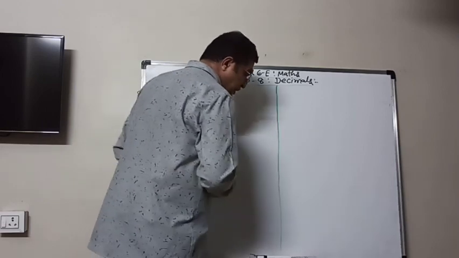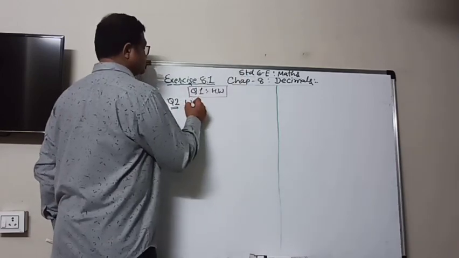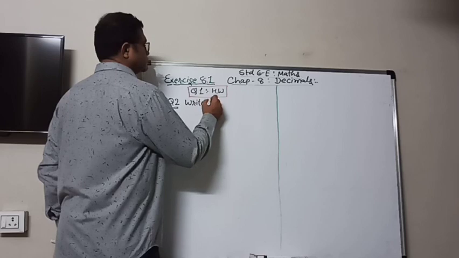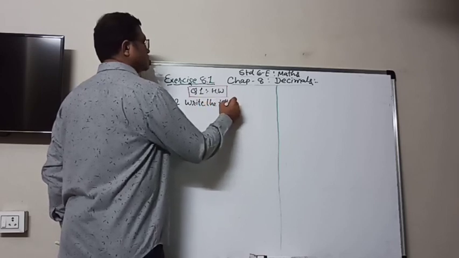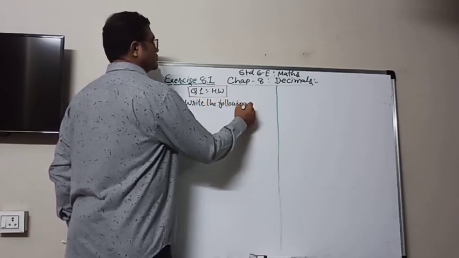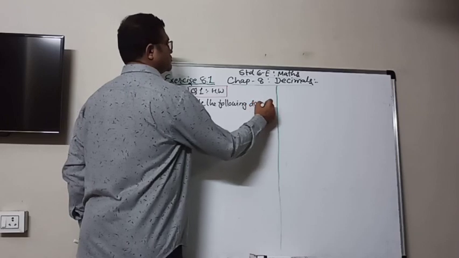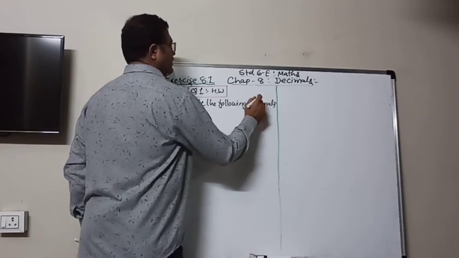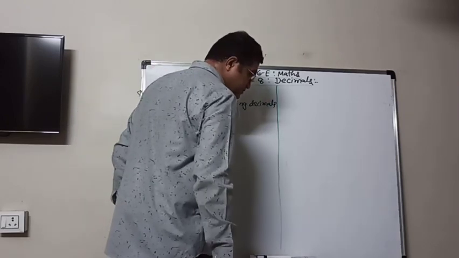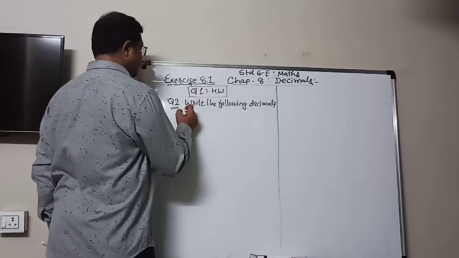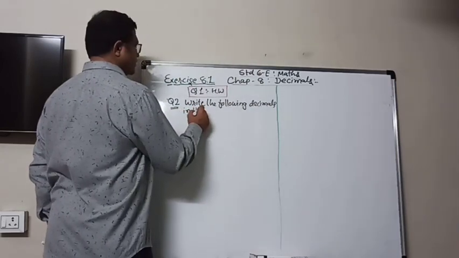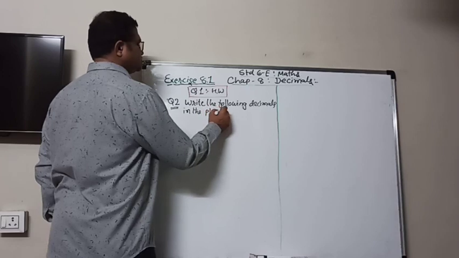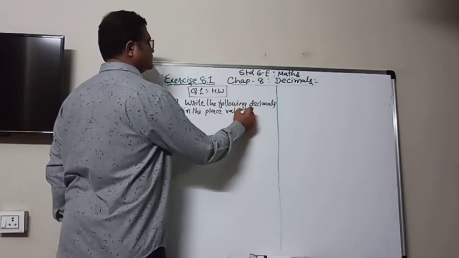It says write the following decimals in the place value table.